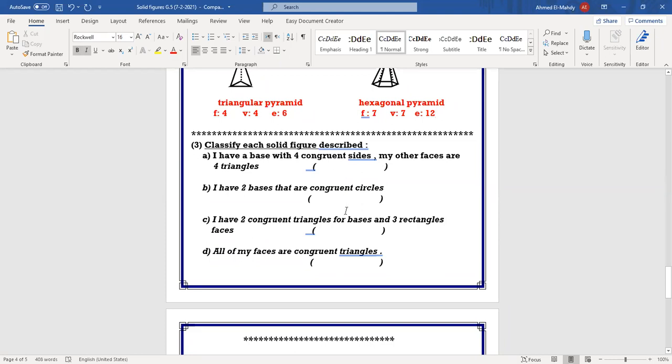Who can tell me? Firstly, it has one base. For that, it will be pyramid or prism? It will be pyramid. And in the base, we have 4 equal sides. What is this? Yes, it's a square. For that, this will be a square pyramid.